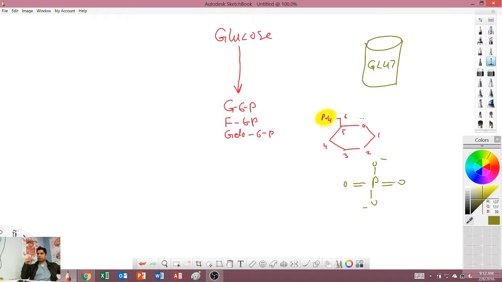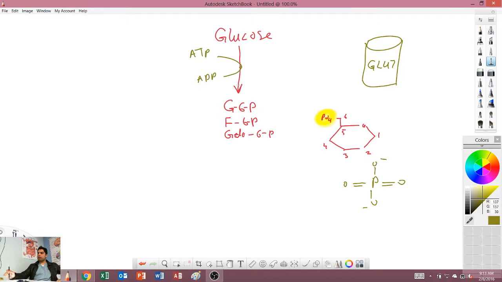You want to trap glucose within the cell, fructose within the cell, and galactose within the cell. So the first step is always phosphorylation, which means you have to add ATP, and then you will get ADP, and the phosphate is added to one of these monosaccharides. This is the first step. This is called the trapping.